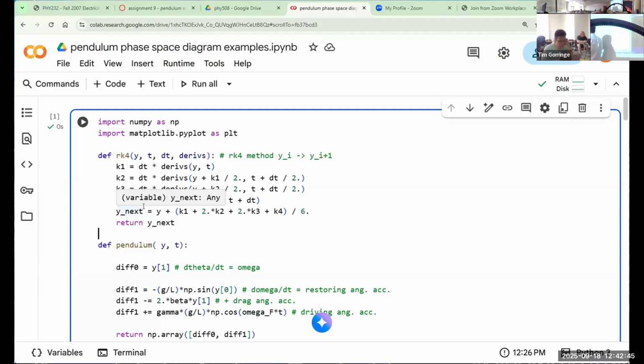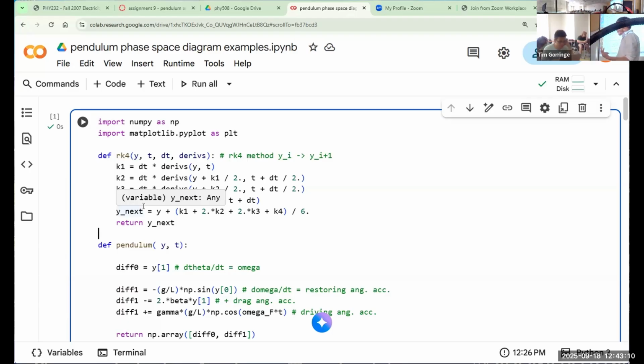In this case, one of them just being the fact that the differential of the angular position is the angular velocity. So that's one of our differential equations. And then the second one being that the differential of the angular velocity, which is angular acceleration, is this sum of three contributions to angular acceleration.